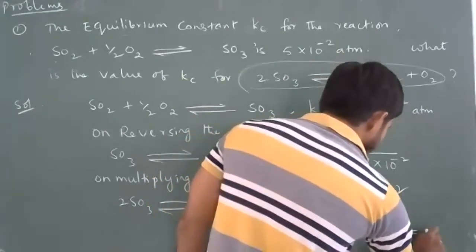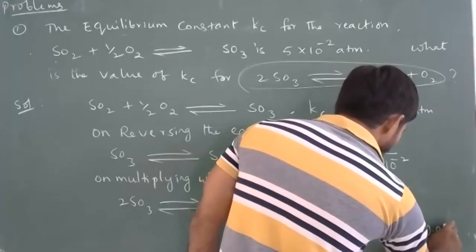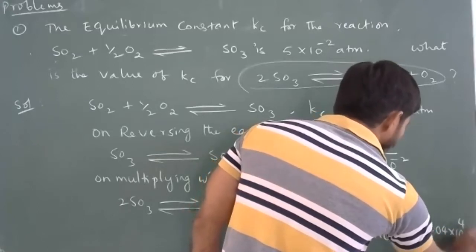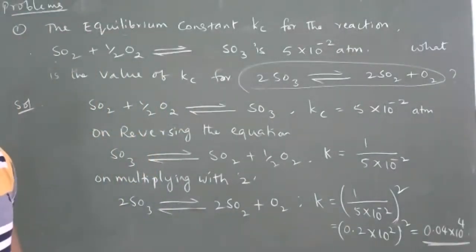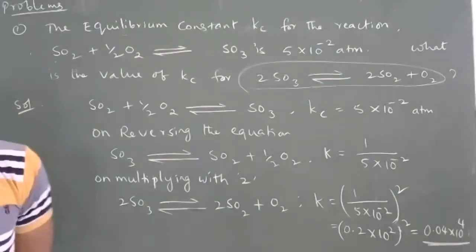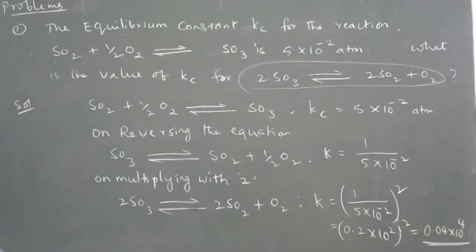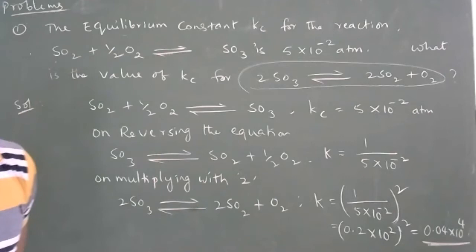If we simplify this, we get 0.04 into 10 power 4, which is nothing but 400. Understood?